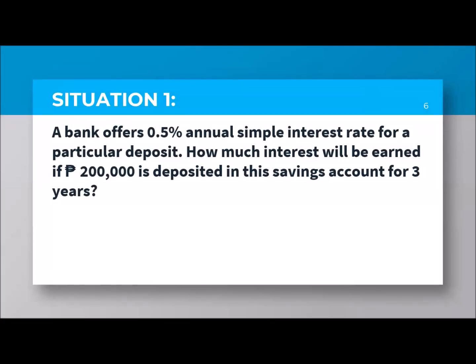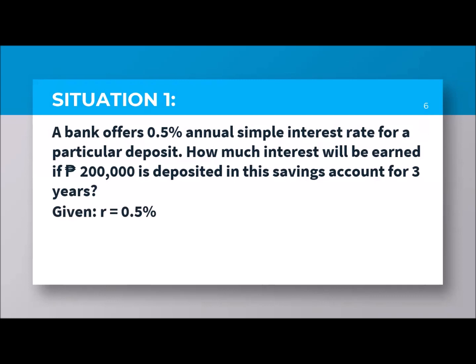A bank offers 0.5% annual simple interest rate for a particular deposit. How much interest will be earned if 200,000 pesos is deposited in this savings account for 3 years? So, obviously, this is a simple interest kasi nasabi na dito sa ating problem. At kung mapapansin nyo, yung 0.5%, that is our rate.